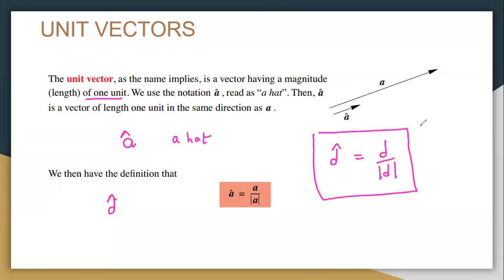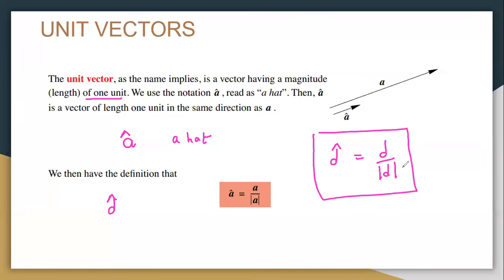So they can give you a vector and ask you to transform it into a unit vector. For you to transform it, you divide that vector by its magnitude. The moment you do so, the magnitude of the vector that you get is going to be 1. But like I've told you, a unit vector shows us the direction that we are facing.